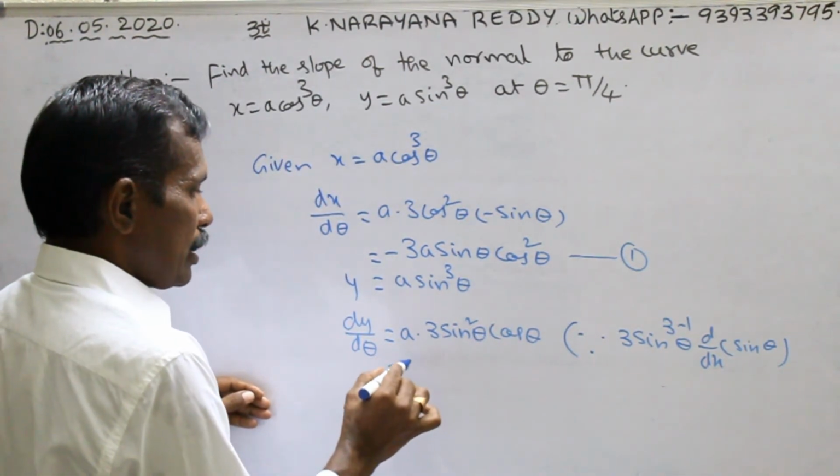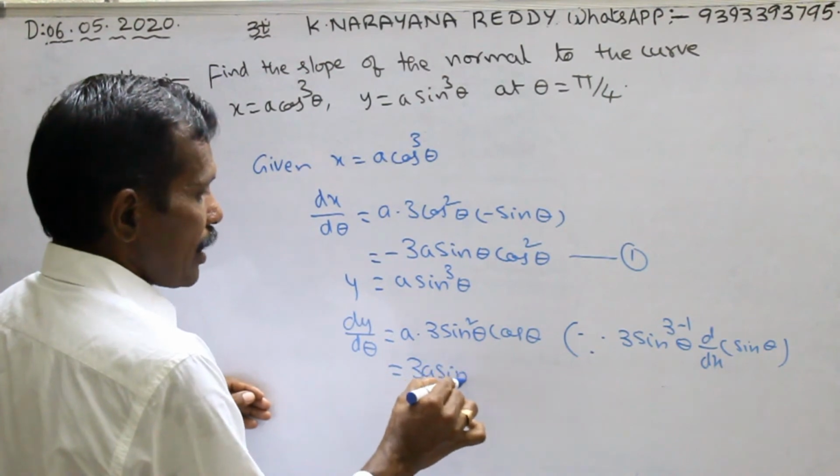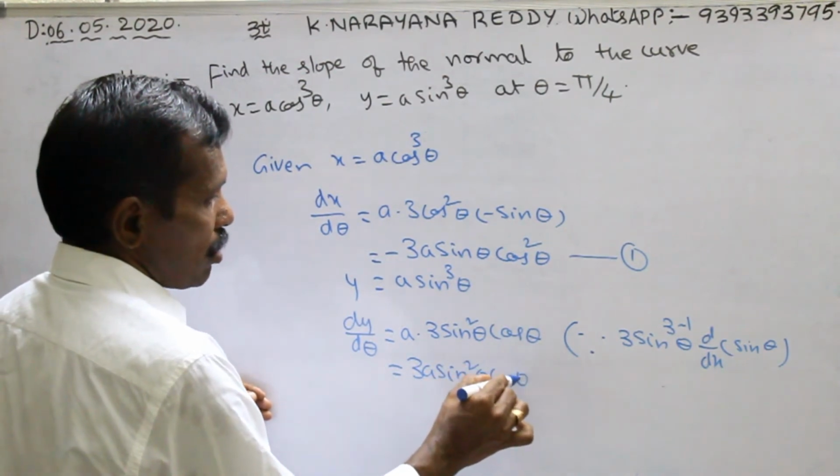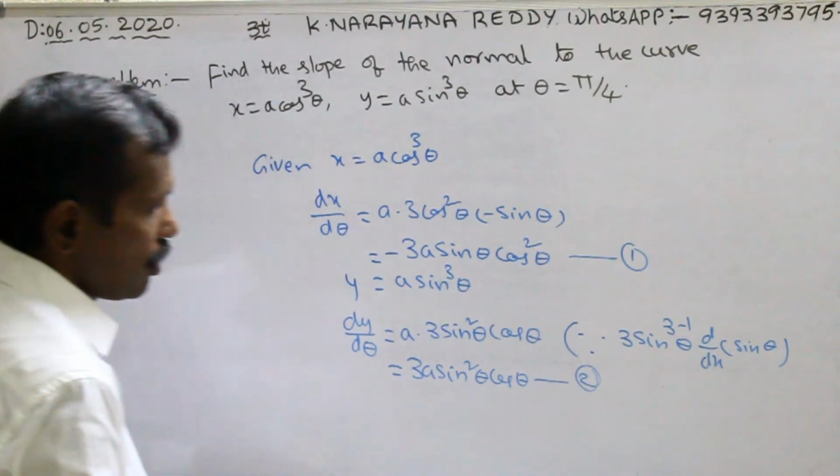Now 3a sin square theta cos theta, that is number 2, okay.